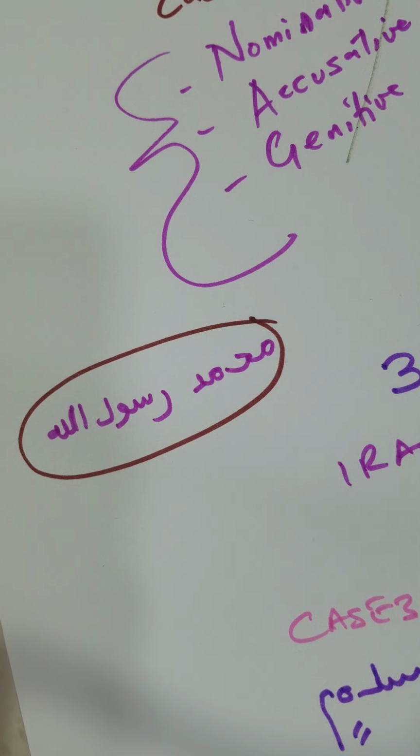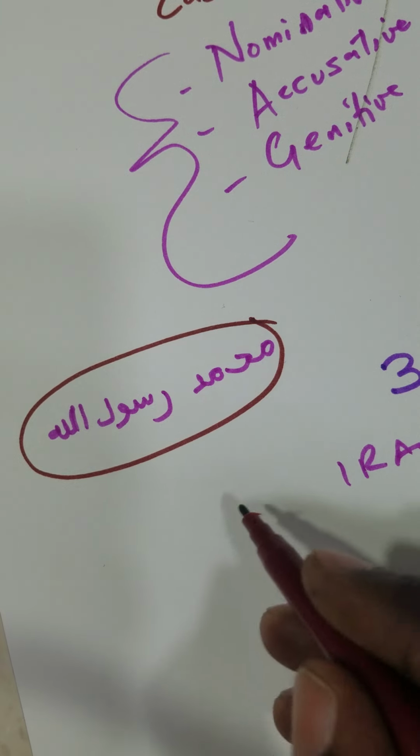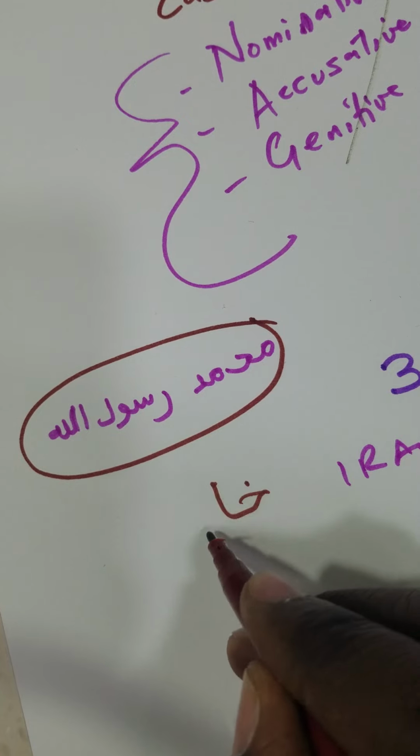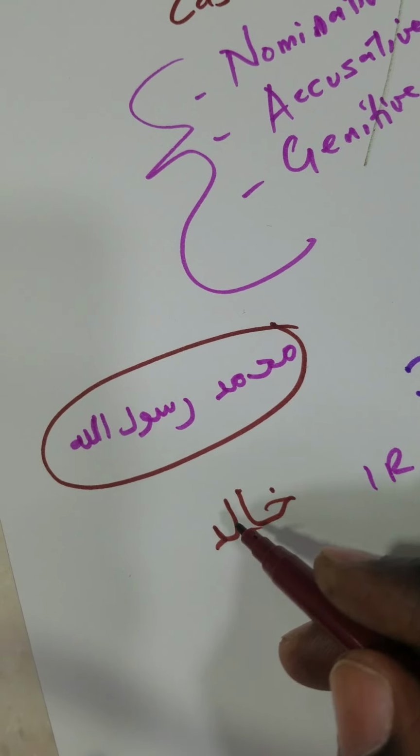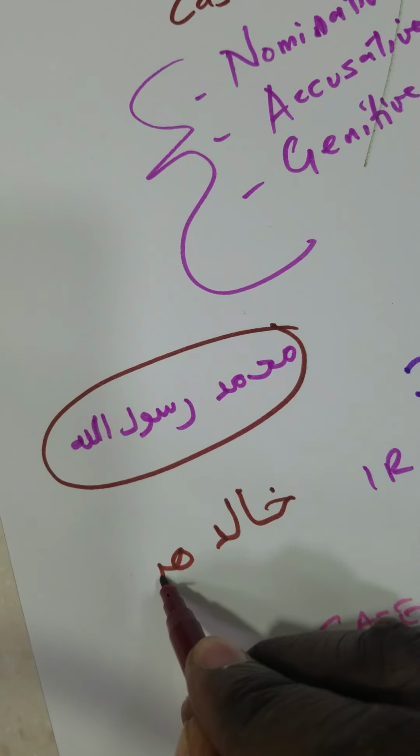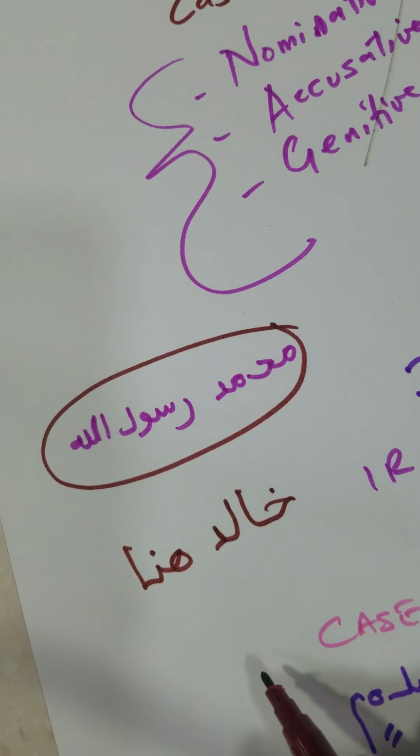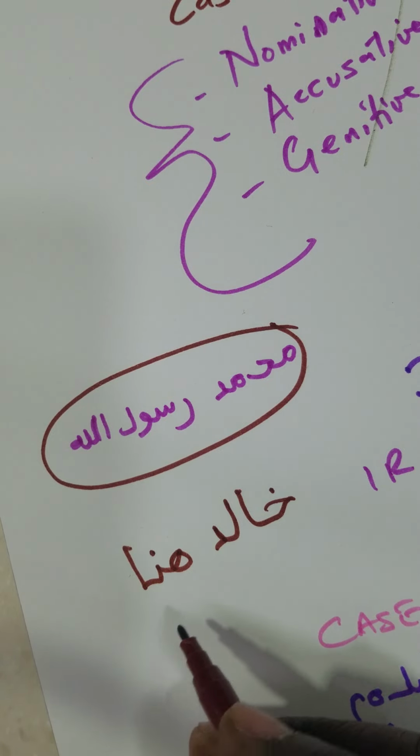Muhammad is the prophet of Allah. You can have any other. You can even put, okay, Khalid is here. You won't read it Khalid Hunna.